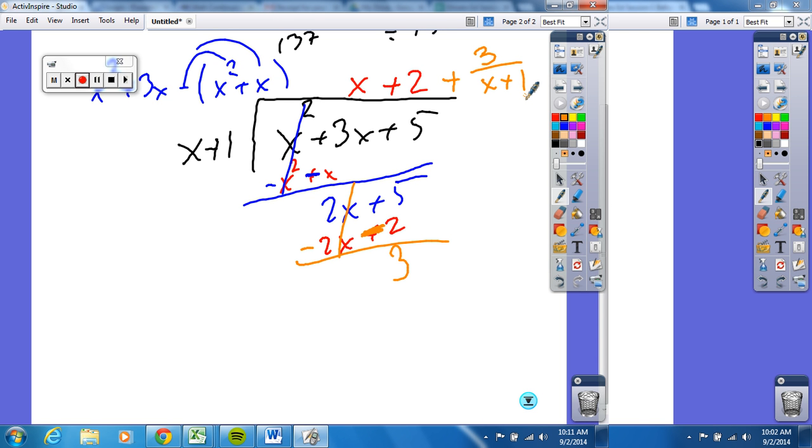Okay, so then if it's like 2x plus 3, how would it be different? It would be different because how does 2x become x squared? 1/2 x.